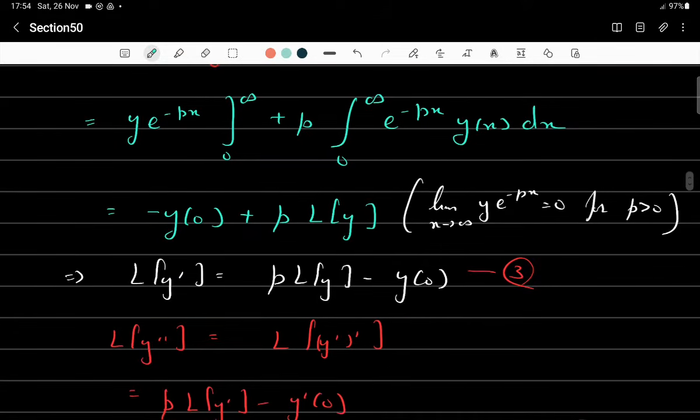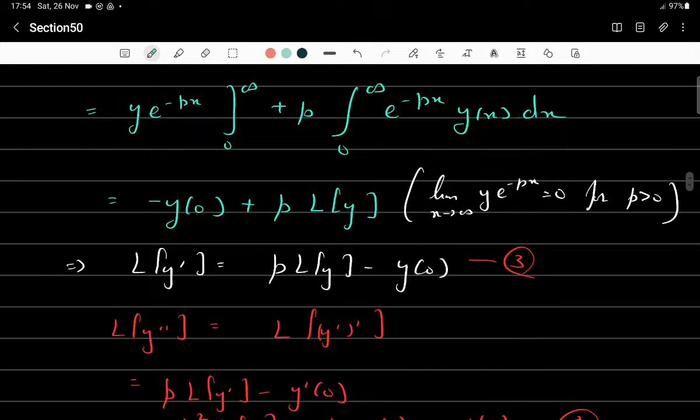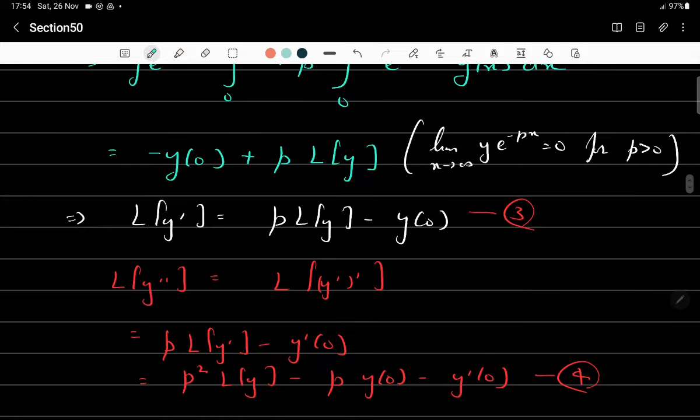That gives you L of y double dash as p L of y dash minus y dash naught. L of y dash has already been computed, which is p L of y minus y naught. So you get L of y double dash as p square L of y minus p y naught minus y dash naught.